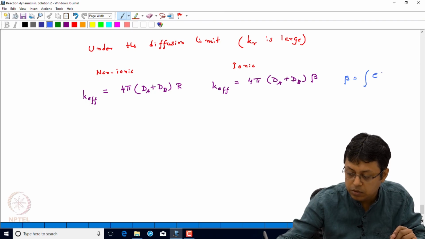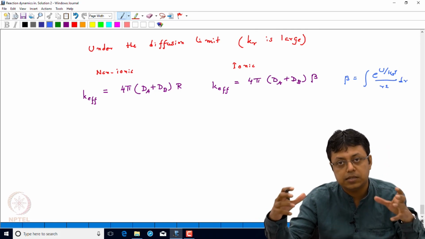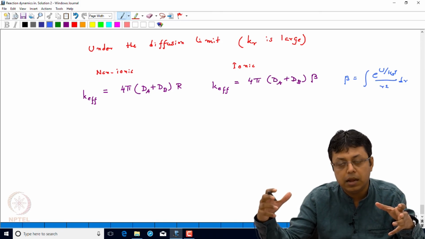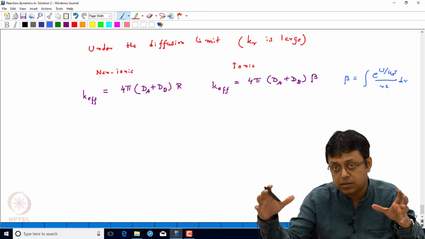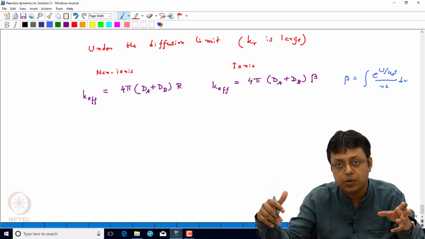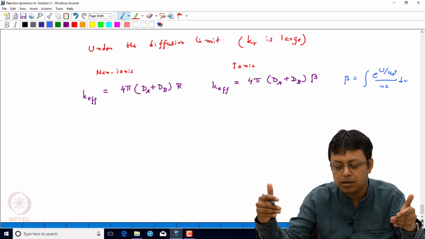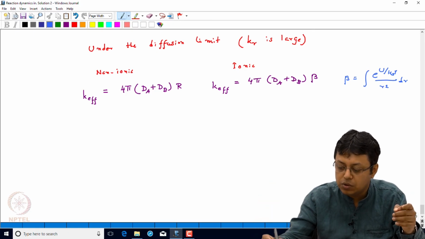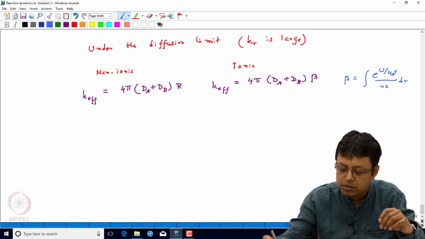Now, R is basically the contact distance, and beta is nothing but the integral of e to the power u by kBT divided by r squared dr. If you look at it carefully, e to the power u by kBT is unitless, and dr by r squared has the dimension of 1 over length.